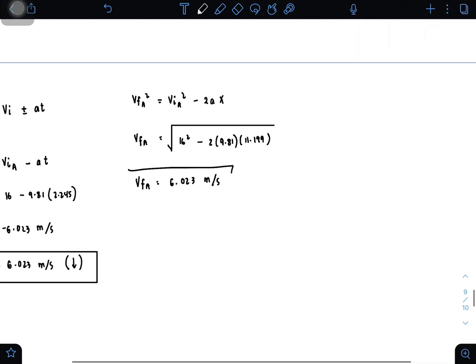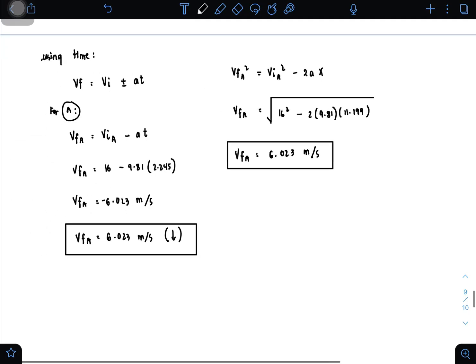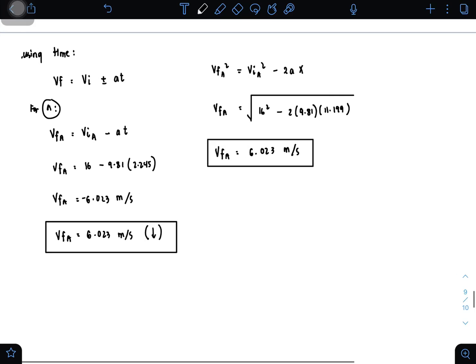So it doesn't indicate the impact or the sign here because we're using distance. However, in this formula we're using the time, and then it's being influenced by the other velocity, which is B. So it's understood that your negative answer is correct. It's just that the direction is opposite to the initial.